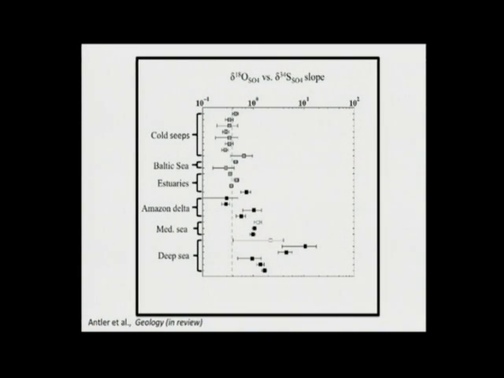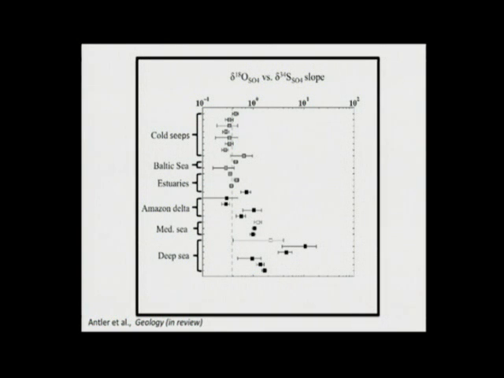So just to make it more robust, we also calculate the slope between the oxygen and the sulfur from all the data that we know from the literature. So we have here data from cold seeps, the Baltic Sea, and estuaries. All the data in gray is data from places where we know that there is a lot of methane. So it's all the cold seeps from both the Gulf of Mexico and even here from the Mediterranean, from the Baltic Sea, where we have a lot of methane produced, and estuaries.